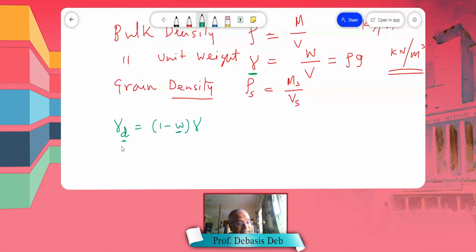So the dry unit weight can be related to the moist unit weight, where this one is dry and this one is moist.